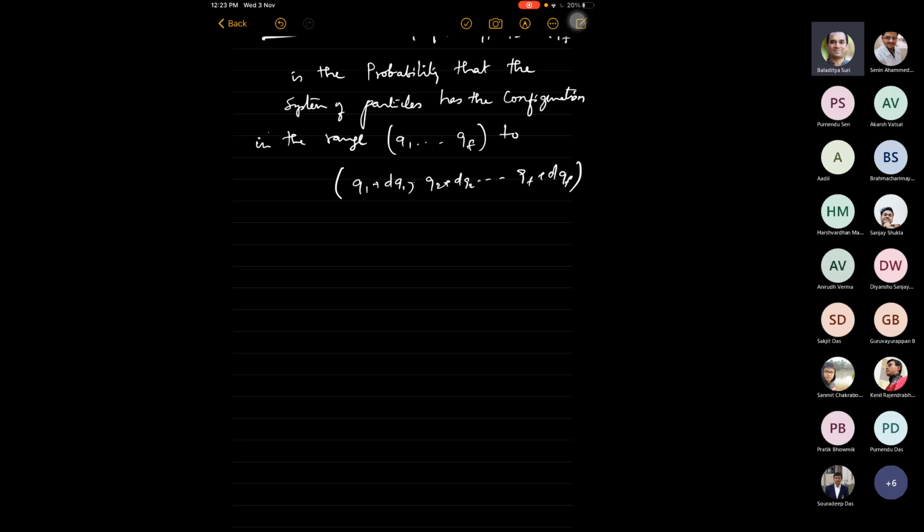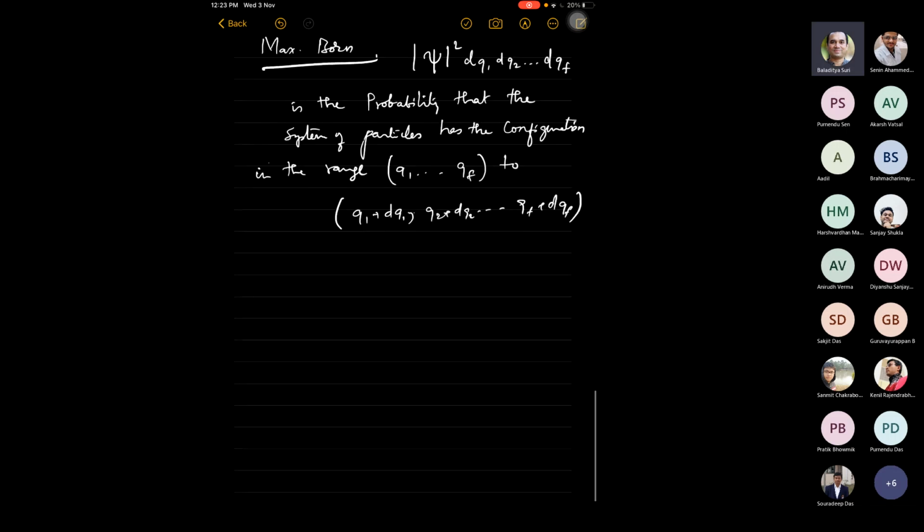That is, the particle is in a delta neighborhood of the point q1 to qf. And this is the probability. Therefore, mod psi squared is the probability density of the system, that it has the coordinate values given by q1 to qf.